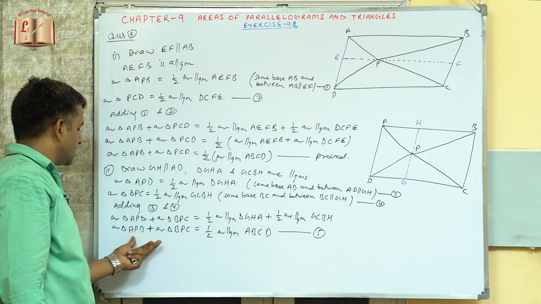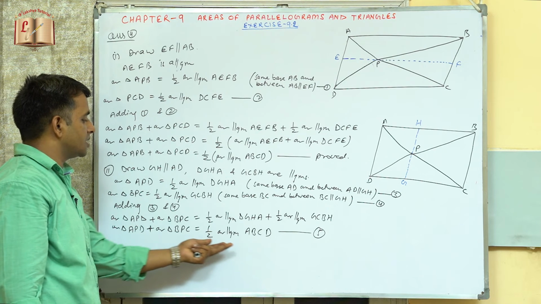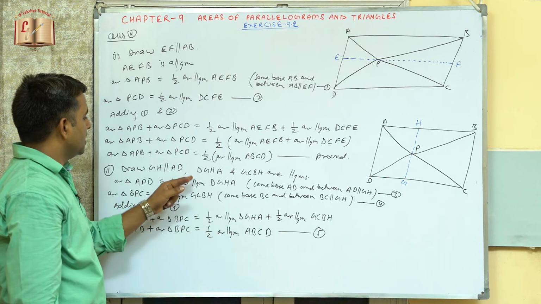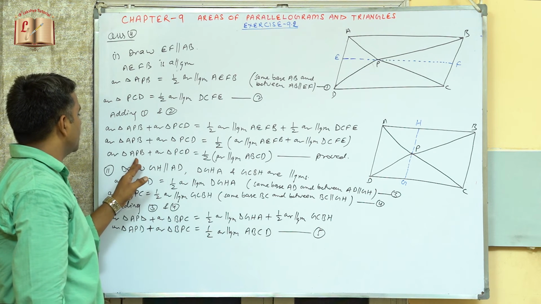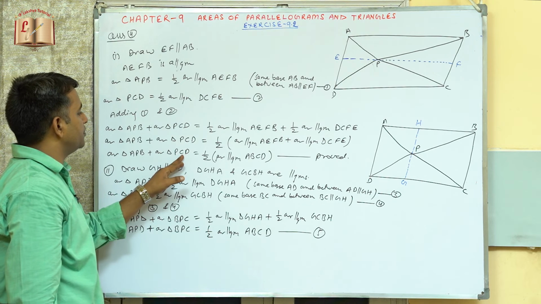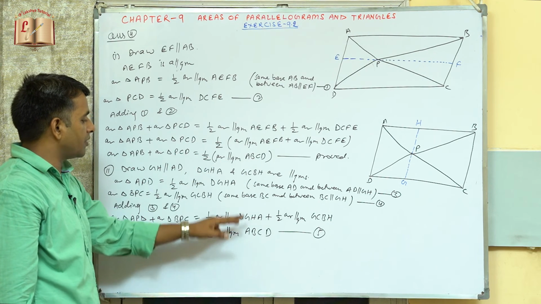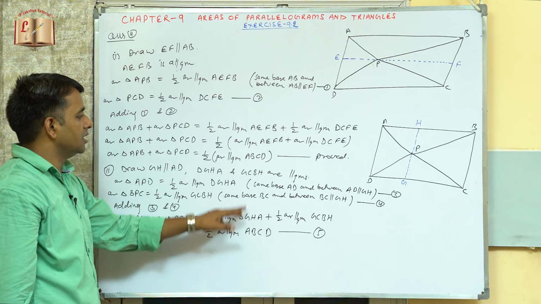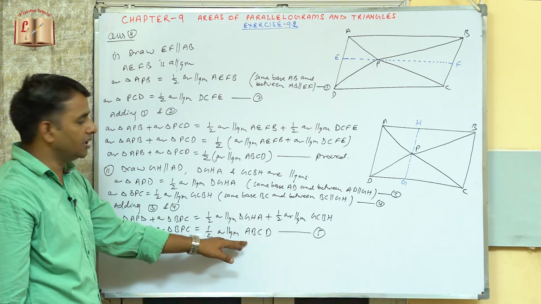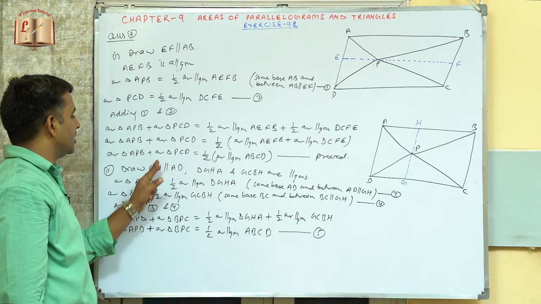Now see this, from this area of APD and BPC is equal to half of ABCD, and from here also area of APB and area of PCD is equal to half of ABCD. So these two are equal, therefore their left hand sides will also be equal.